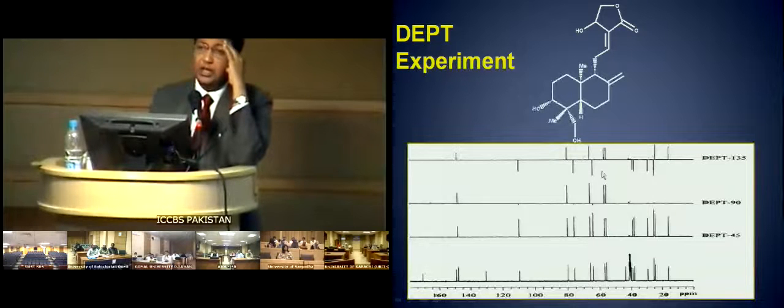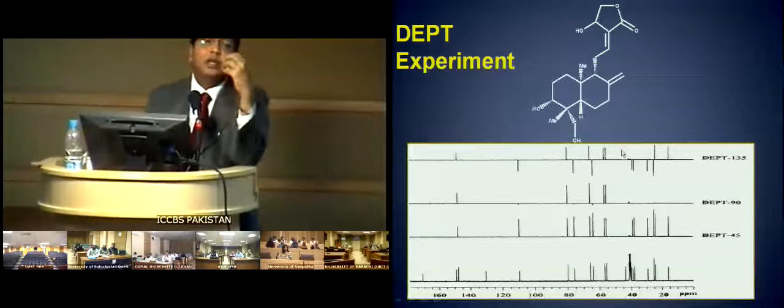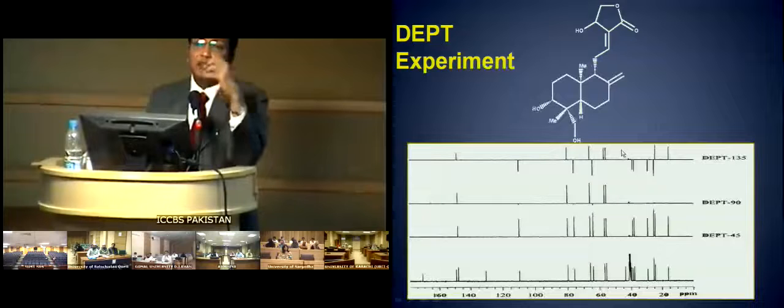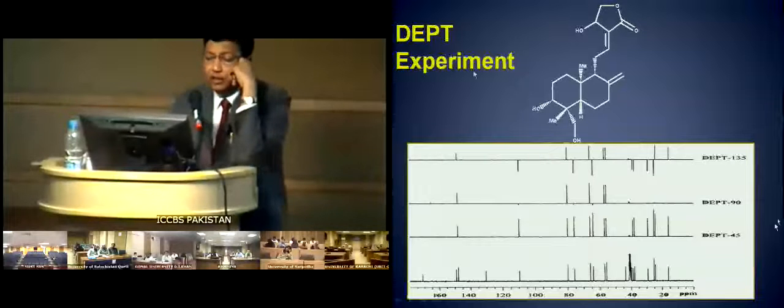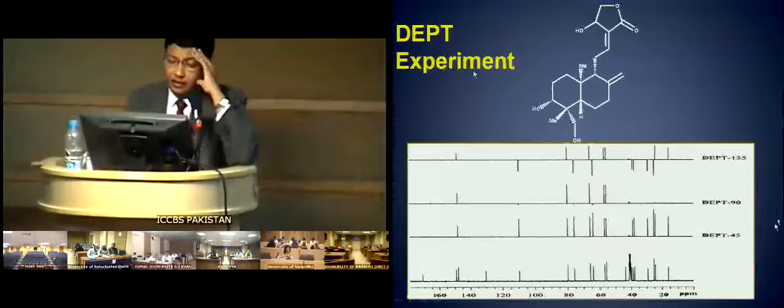So you see, by using this technique, quaternary carbons, CHs, CH2s, CH3s, all four different types of multiplicities of carbon can be recognized. This is an important and excellent technique, distortionless enhancement by polarization transfer.